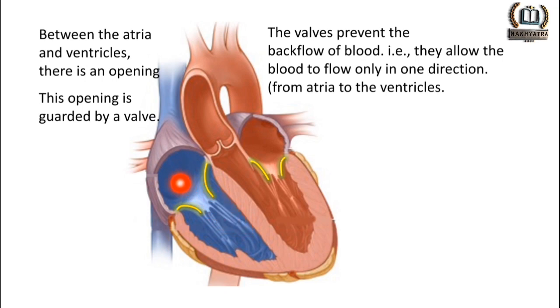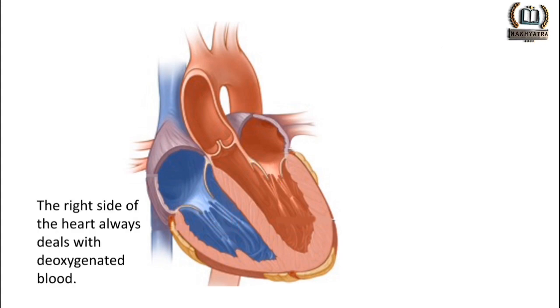That means এই bloodটো যেতিয়া atriaৰ পৰা ventriclesলৈ সোমায়, it is a one direction flow only, okay? আৰু যাতে ventriclesৰ পৰা atriaলৈ আকৌ উভতি নাযায় হেতুৰ কাৰণে valvesে prevent কৰে bloodটোক. So basically valves allow the blood to flow only in one direction.